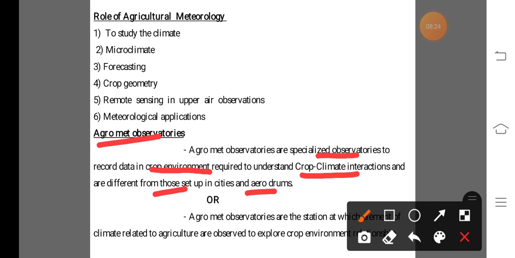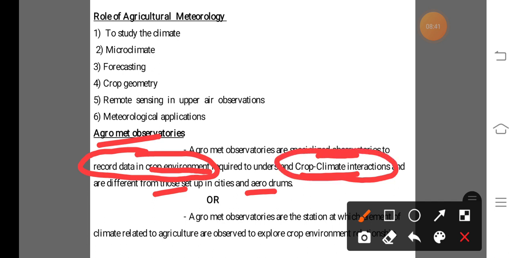That means in any area the observatory is installed for recording crop as well as weather data, and after recording weather data and crop data, it is useful to find out the relationship between crop and climate. That means the negative as well as positive impact of weather parameters or climatic parameters on the crop.